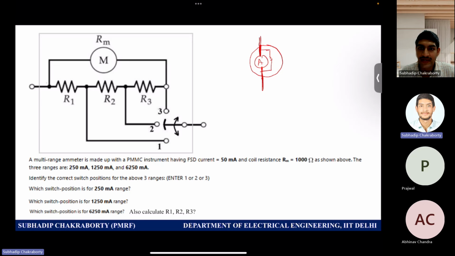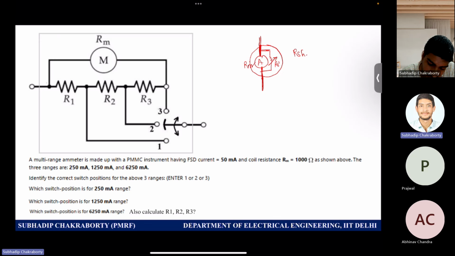Now can anyone tell me, if I increase the value of this shunt resistance? Let me write R meter as the meter resistance and RSH as the resistance of the shunt resistor. If the value of RSH increases, what happens to the net range of current measurement?